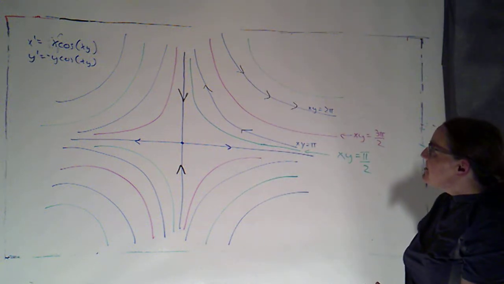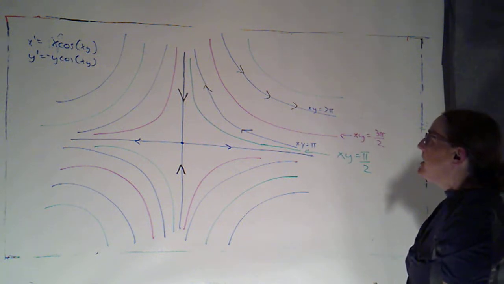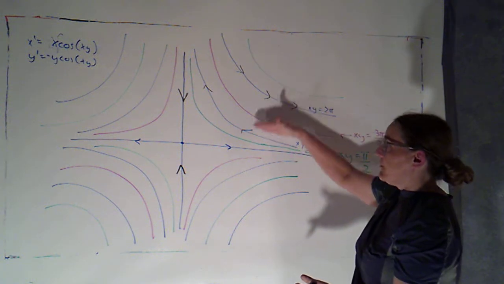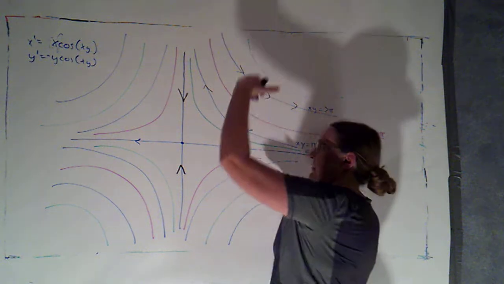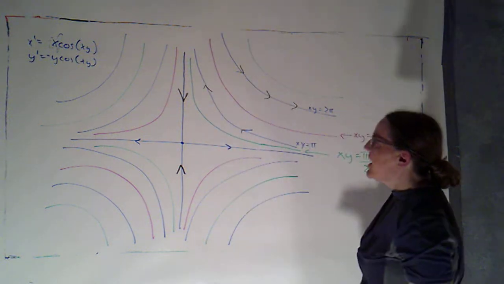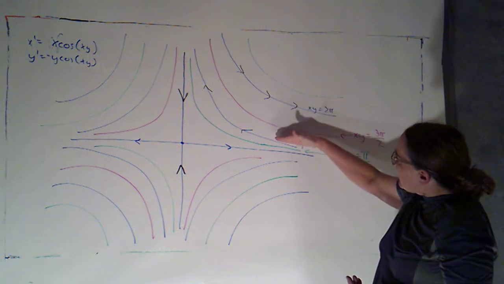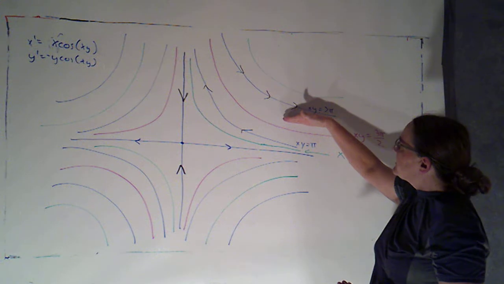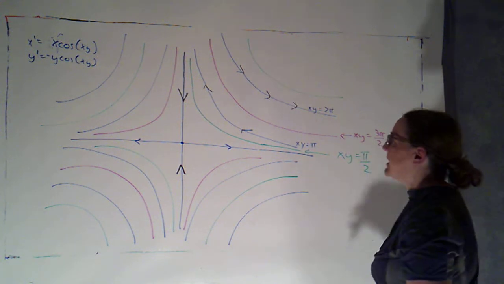So it's kind of interesting. This pattern will continue. Between the curves that are equilibrium points, the orientation will be consistent because I'm not going to be able to have that change here in the middle. But every time I jump over one of these curves of equilibrium solutions, the orientation of my curves changes. Okay.